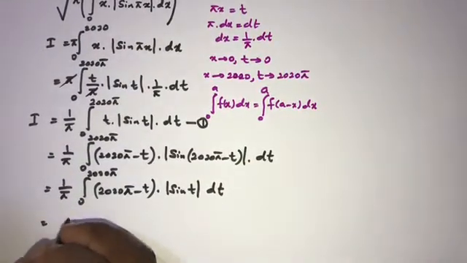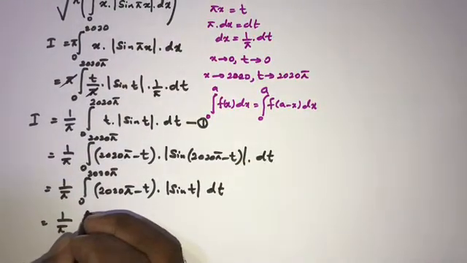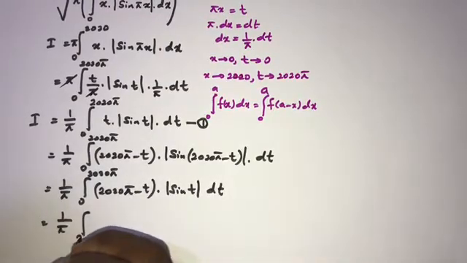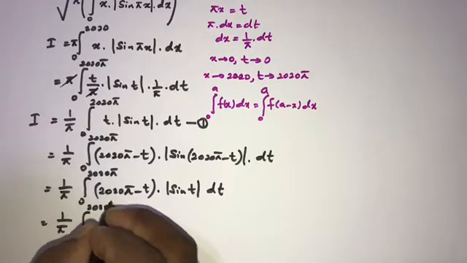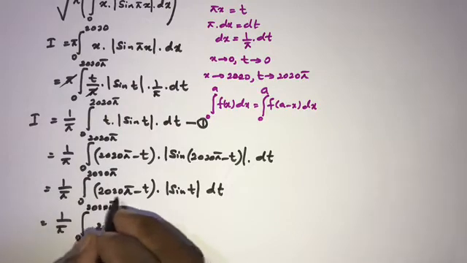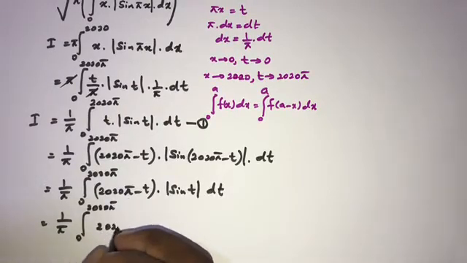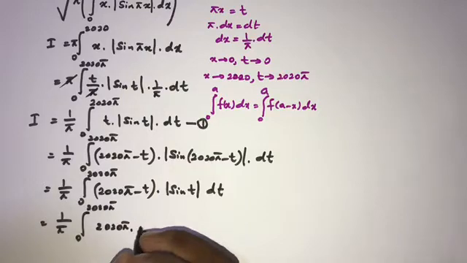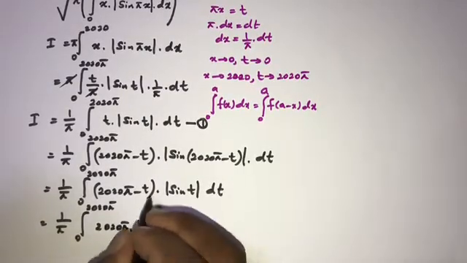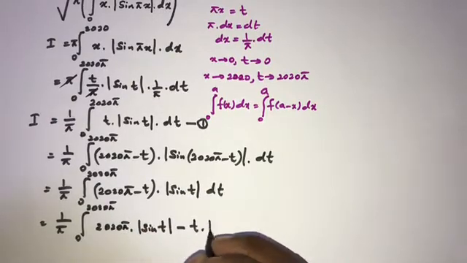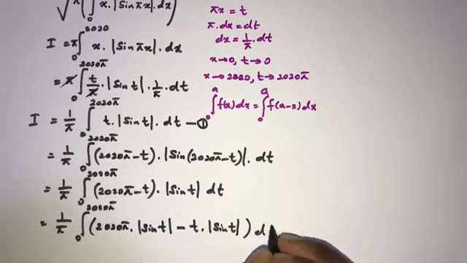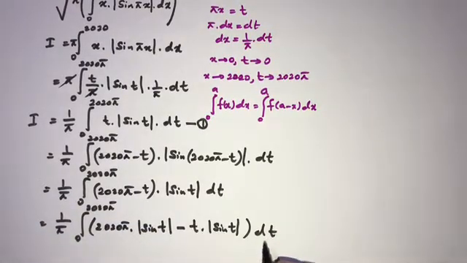Now we can multiply by absolute value of sine of t, so we can write here 0 to 2020 times pi, now 2020 pi times absolute value of sine of t minus t times absolute value of sine of t dt.